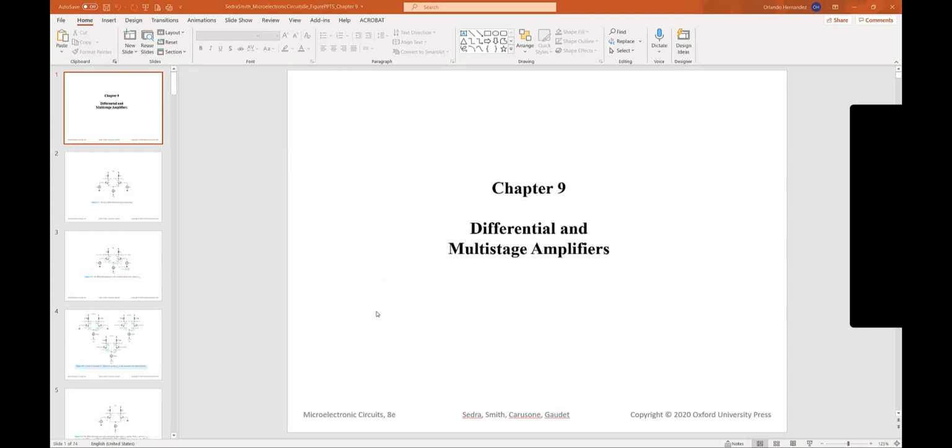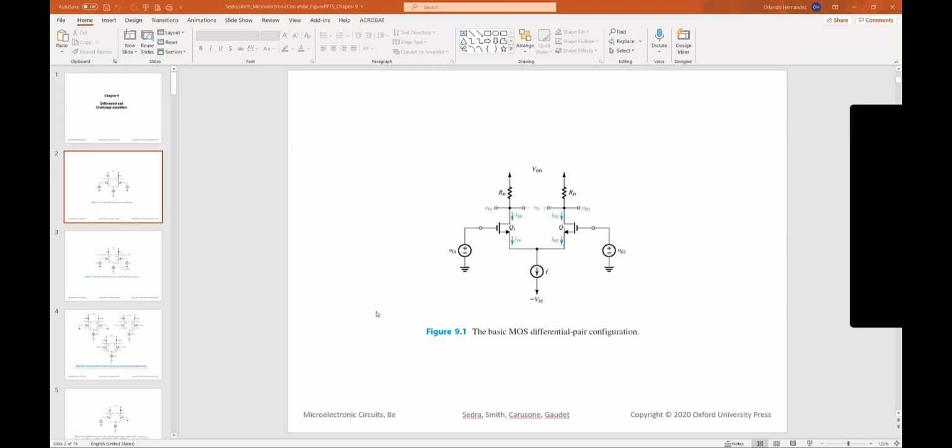And then to start, I want to comment on figures 9.1 and 9.2, which give you the basic topology of the differential pair.